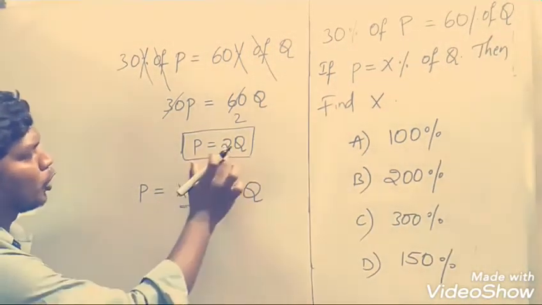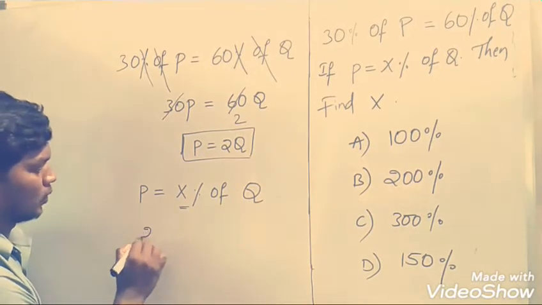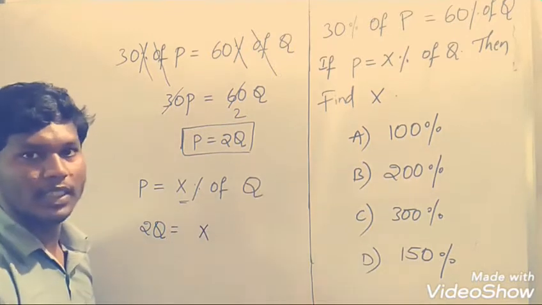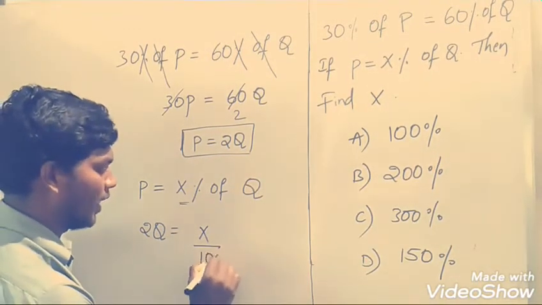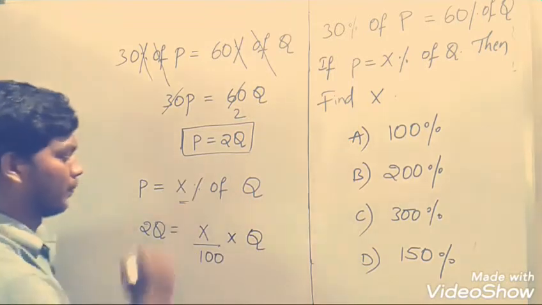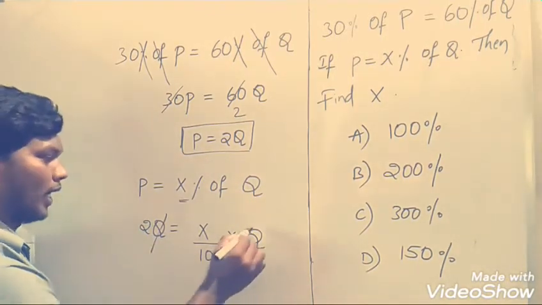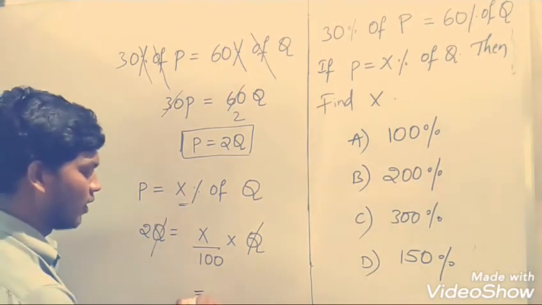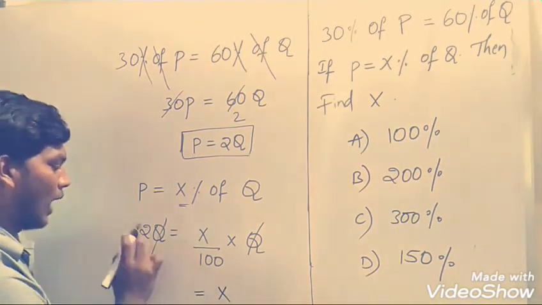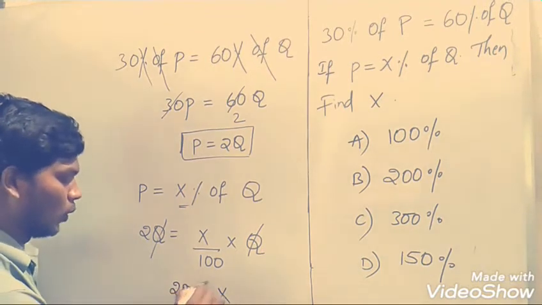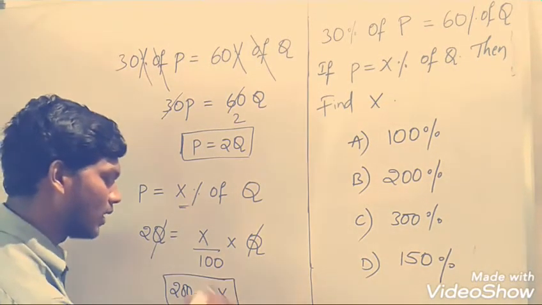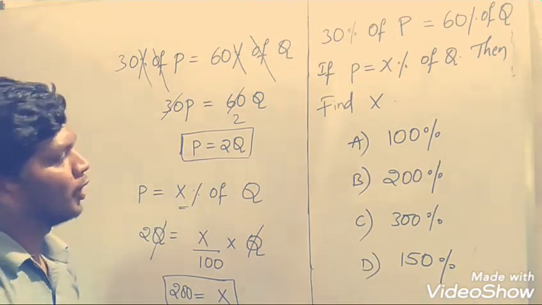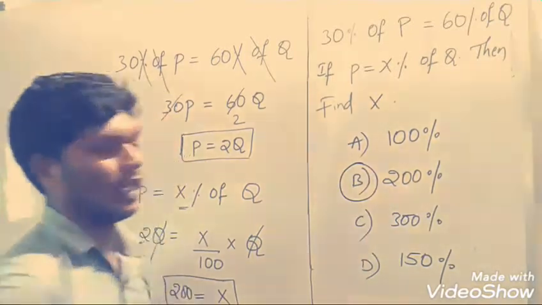So write 2Q in place of P. So 2Q is equals to X percent of, that means X by 100 into Q. So this Q and this Q will get cancelled, and this 100 moving to the left side, so becomes 100 into 2 will be 200. So finally we got the answer X is equals to 200%. So option B is our required answer.